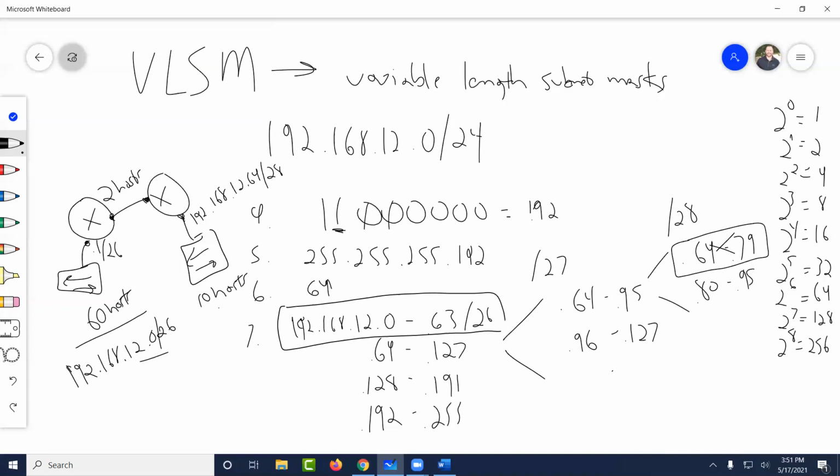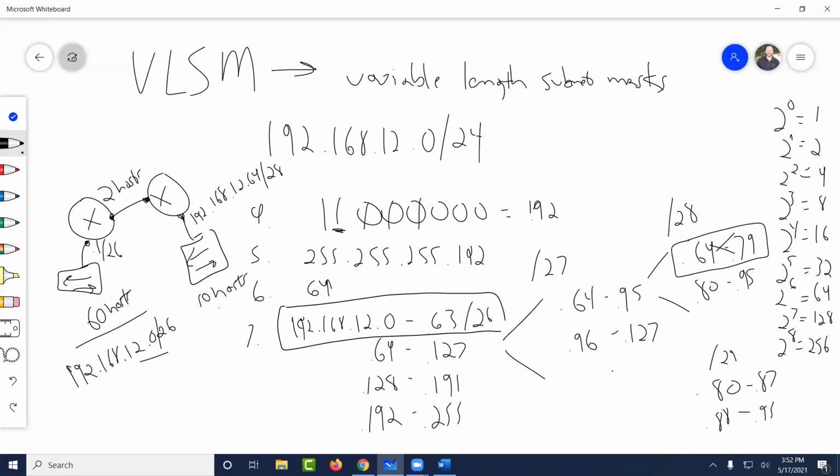Okay, so we take this 80 to 95 because we need one more network of 2 hosts. We're going to subnet it again, which would be /29. And that's going to be a value of right here, 1, 2, 4, 8. So it would be .80 to 87, 88 to 95.